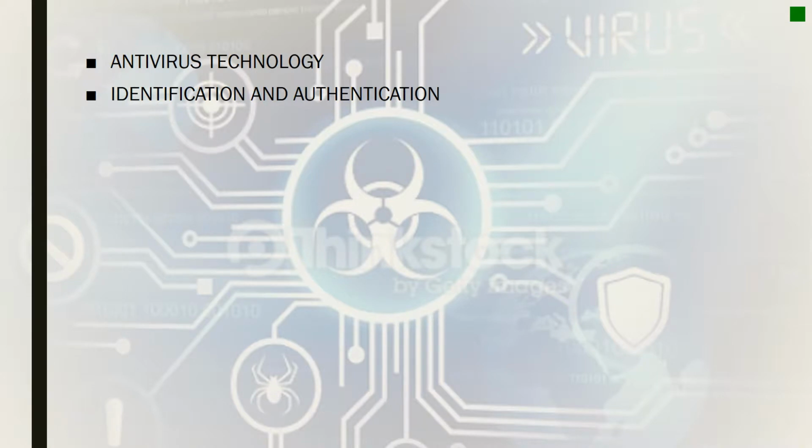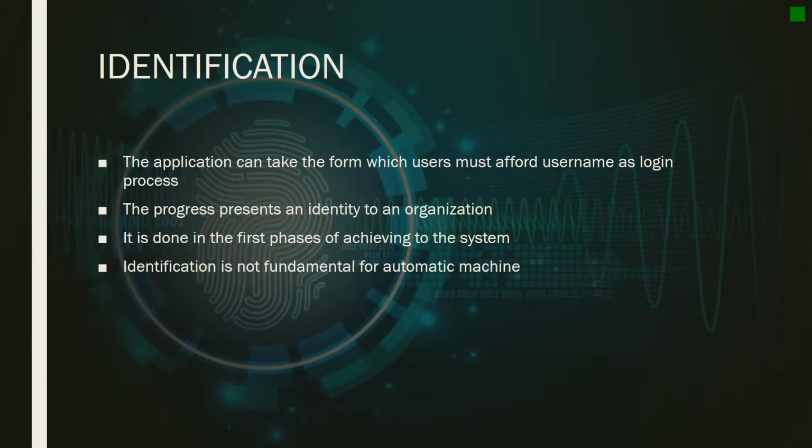In this presentation, I will explain identification and authentication together with antivirus technology. Identification is the process which presents an identity to a system and is what happens when a user claims to be a particular system user.